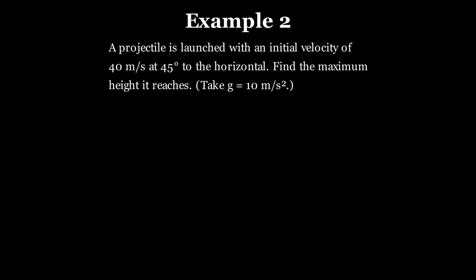Example 2. A projectile is launched with an initial velocity of 40 meters per second, at 45 degrees to the horizontal. Let's find the maximum height it reaches, taking g equals 10. Watch it rise to its peak, launched at 45 degrees. Start with the formula, h equals Vi² sin² over 2g.